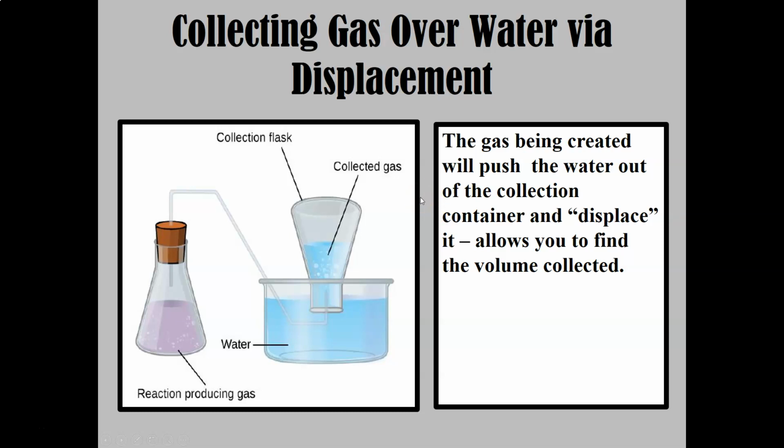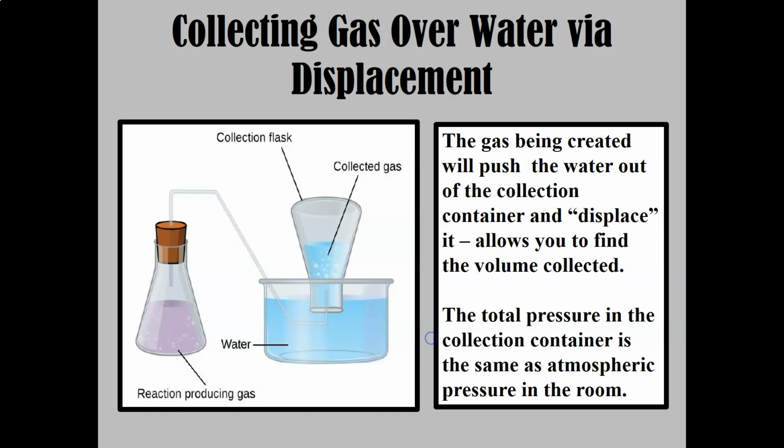One of the things that we do is we make sure that when we're finished, that we lower or raise the flask until the water level in the container and in the flask are equal. If you get those water levels equal, then what ends up happening is the pressure inside the container will be equal to the pressure outside in the room from the atmosphere.